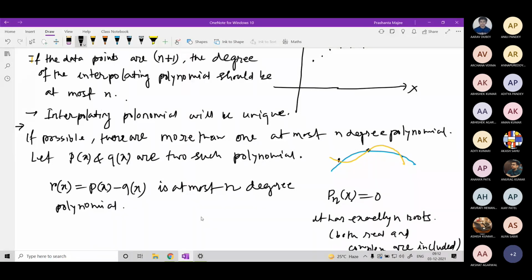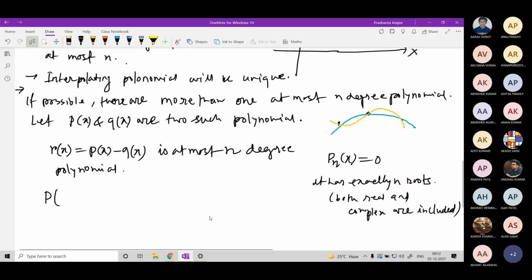Now, before I do further calculation, tell me what is P of xi. So data points were n plus 1, they were x0, y0, x1, y1 up to xn, yn. So what is P of xi? The polynomial will be passing through the data points. So what will be P of xi? Yi. Each interpolating polynomial is passing through the data points.